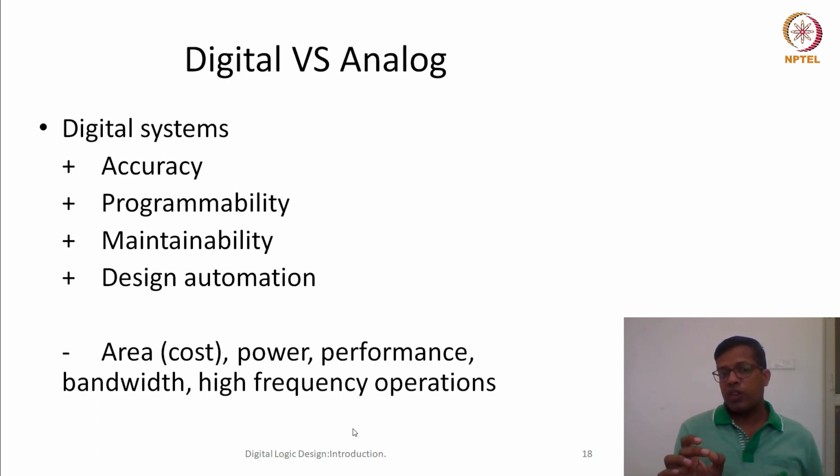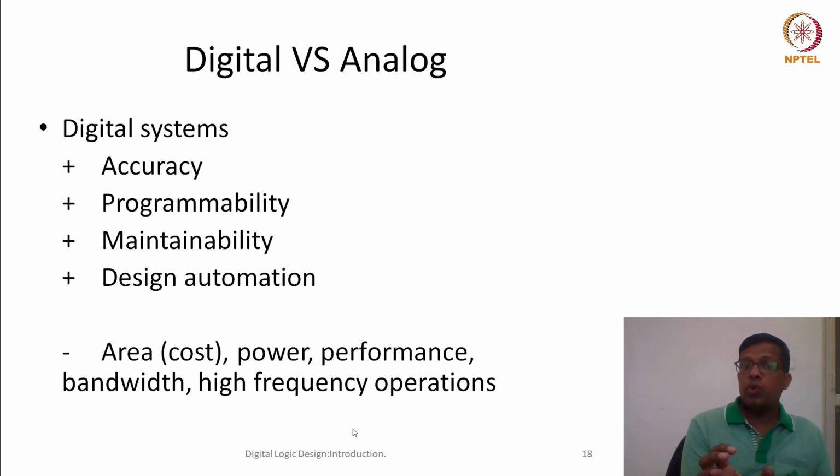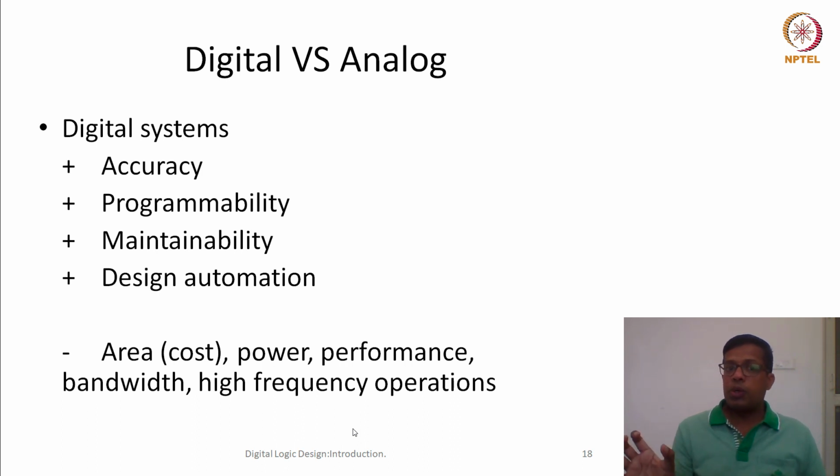Now if I convert this 5 volt signal into a digital signal which is represented by a 10 bits value, that means I would have an accuracy or precision of 5 millivolt, and there is a very low probability that my 0 will become 1.